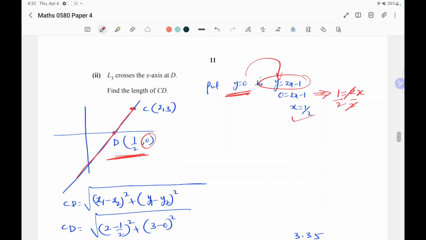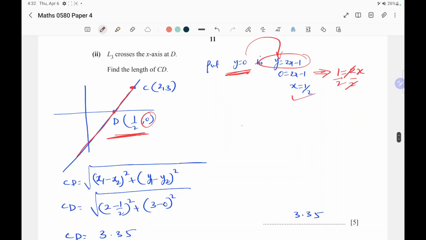So I have 2 points, C and D. Now we know this formula: if you have a coordinate A, which is (x1, y1), and B (x2, y2), then the distance AB is given by the root of (x1 minus x2) whole square plus (y1 minus y2) whole square.